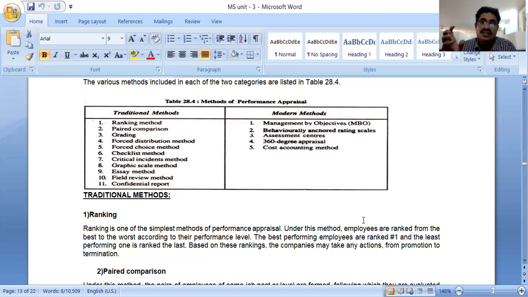These are a few details about the employee. Everything is recorded in a particular file. That type of maintenance is called the cost accounting method, or it is also known as the human resource accounting method, right? So these are the performance appraisal methods, traditional and modern, to check the employee's performance, right?